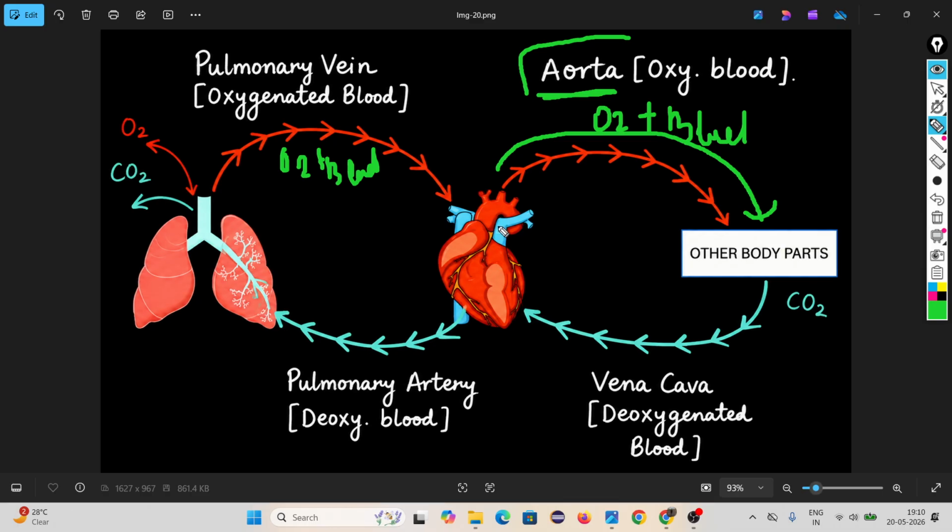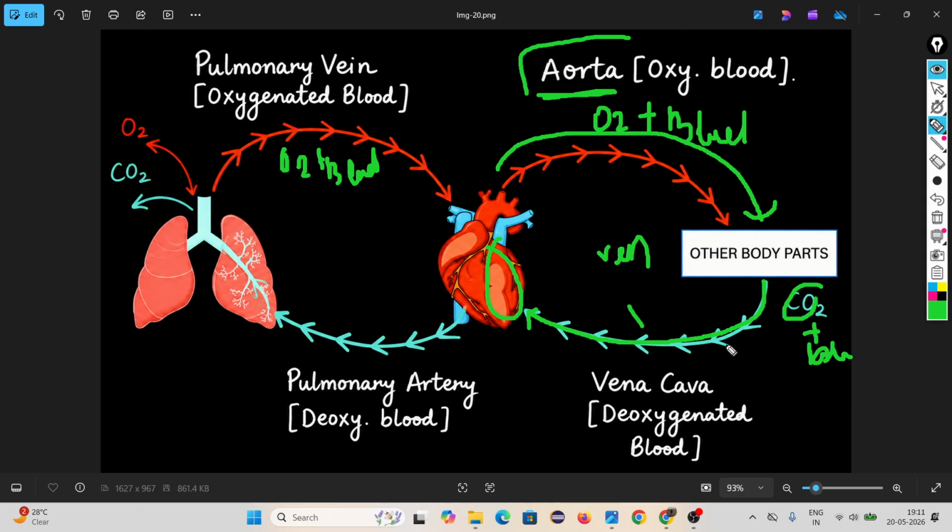Then from the heart, through the aorta, it goes to other body parts. Then the body part uses the oxygen and releases carbon dioxide. The carbon dioxide with the blood is coming towards the heart through a vein.